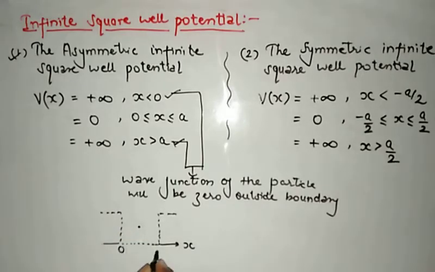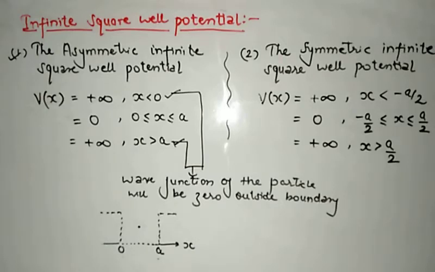This is 0, this is a. So, this is asymmetric, and when we take the origin here and a by 2 here and minus a by 2 here, then that will be symmetric. Okay, but our main concern is asymmetric.